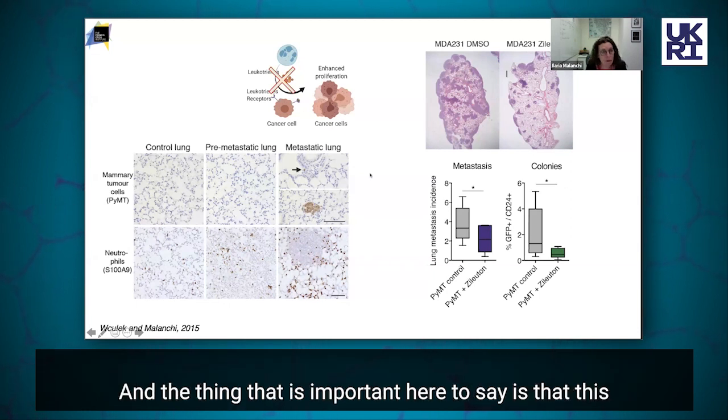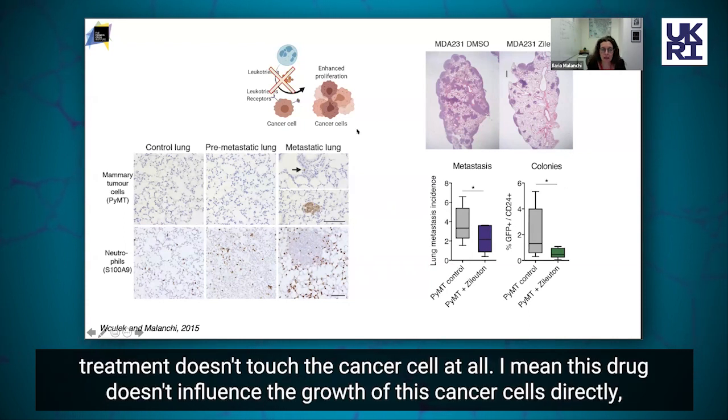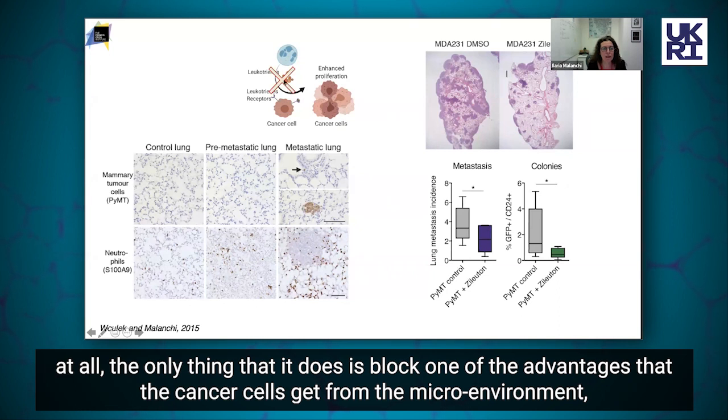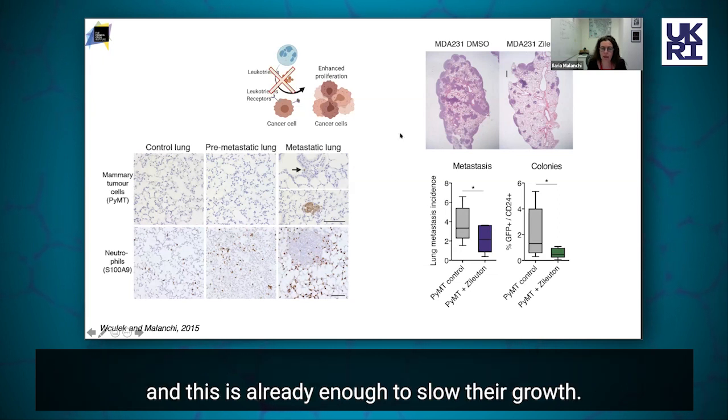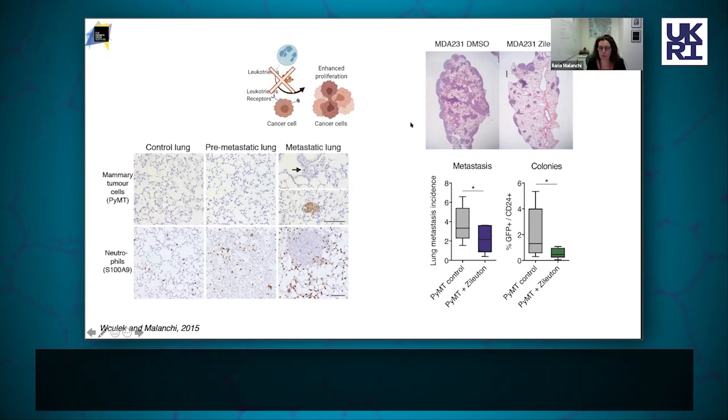And the thing that is important to say here is that this treatment doesn't touch the cancer cell at all. I mean, this drug doesn't influence the growth of these cancer cells directly at all. The only thing that it does is block one of the advantages that the cancer cell gets from the microenvironment. And this is already enough to slow their growth.